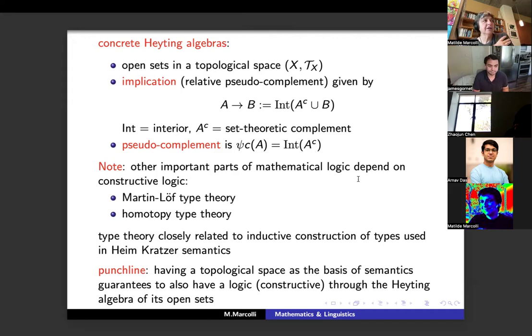Just as the prototype example of a Boolean algebra is the power set of a set, the prototype example of a Heyting algebra is the open sets of a topological space.